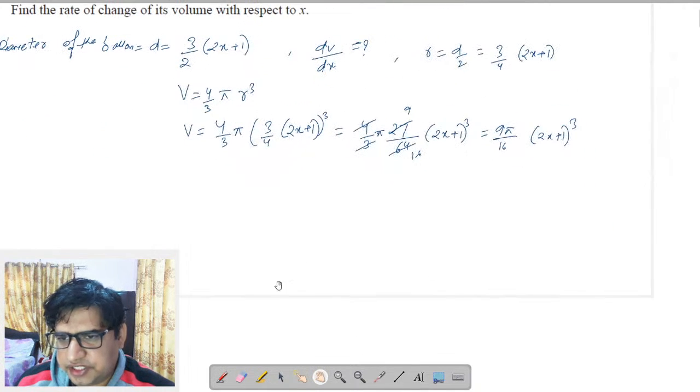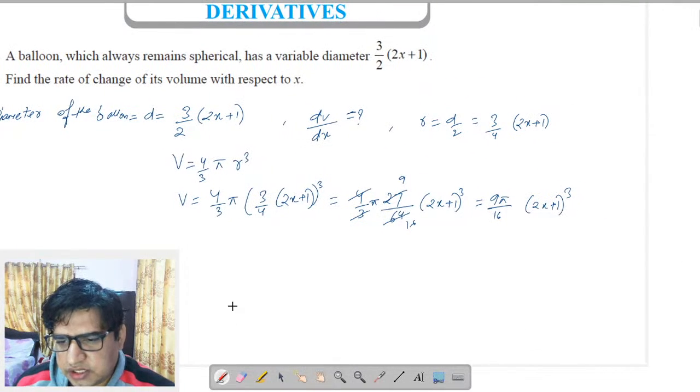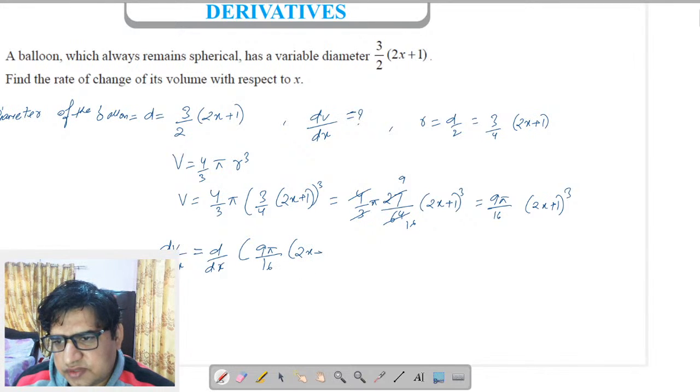Differentiate the volume of the spherical balloon. So we were supposed to find dV/dx, that will be dV/dx of 9 pi by 16 and with that (2x + 1) cube.